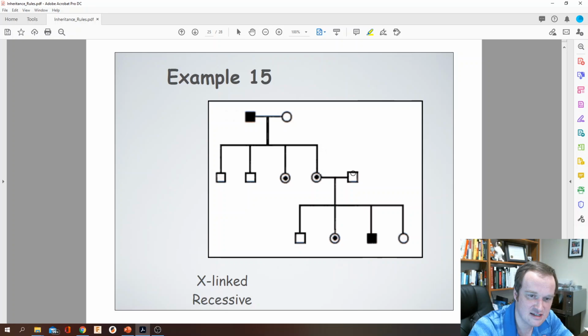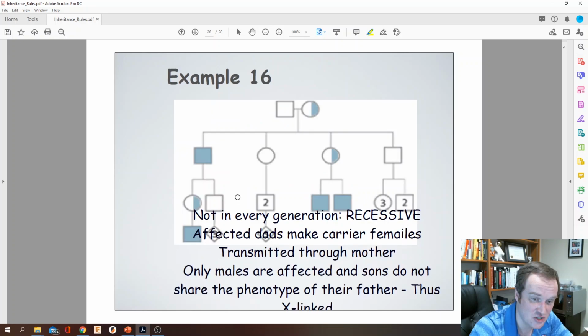So in this case, since not every generation has it, it skips generations. Even though it skips this generation, we have a little more information that shows that she's a carrier, but it still would be considered skipped if it's a carrier. Just no showing of the disease.